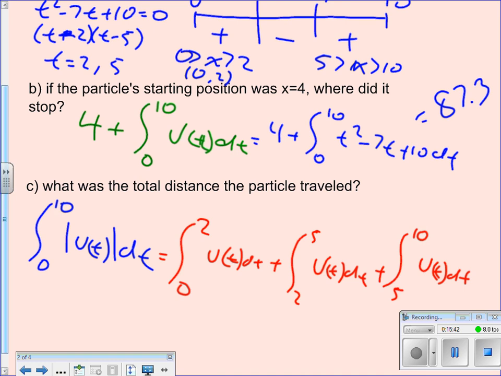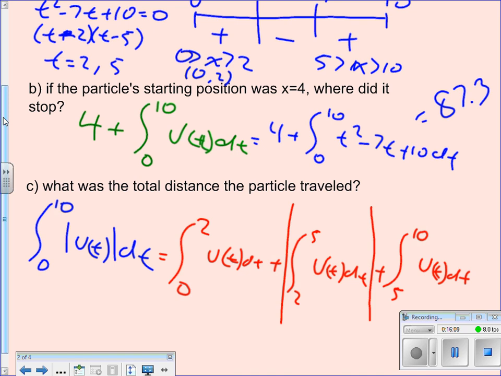Which ones are the ones that are going to be negative? When it's moving to the left. So where was it moving to the left? Between 2 and 5. So between 2 and 5, we take the absolute value of the integral. Not the integral of the absolute value, but the absolute value of the integral. You can do the integral and then just change its sign as appropriate. Okay?